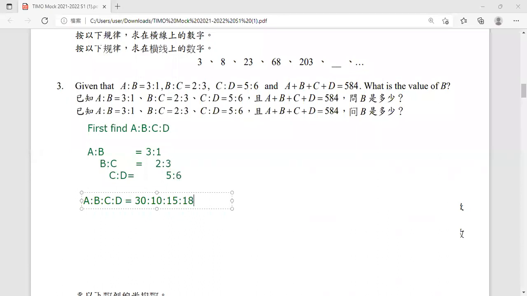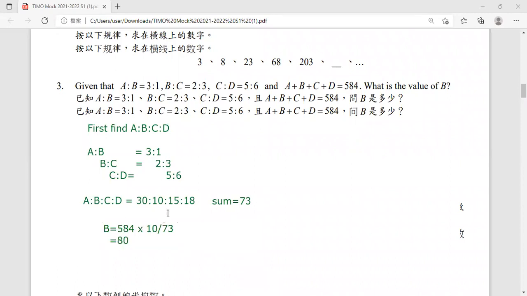This is a quick one. The sum here will be 30, 30, 15, which is 73. Okay, 73. So B will be equal to 584 times 10 over 73, which is 80.